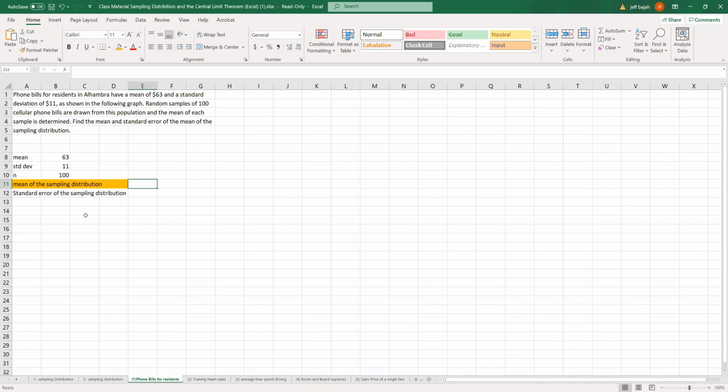What was the question? What is the mean of the sampling distribution? $63. Why? Well, it says mean right there, doesn't it? Yeah, this is mean. But here you're asked to find the mean of the sampling distribution. So you say 63. That's asking you why is it 63? Oh.